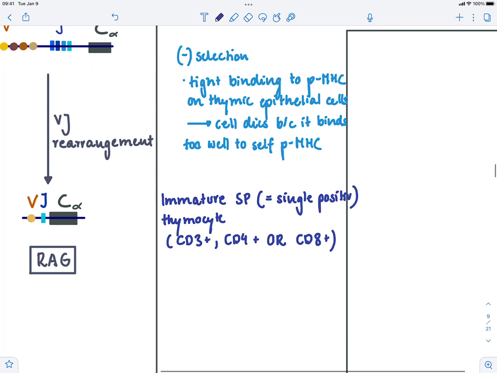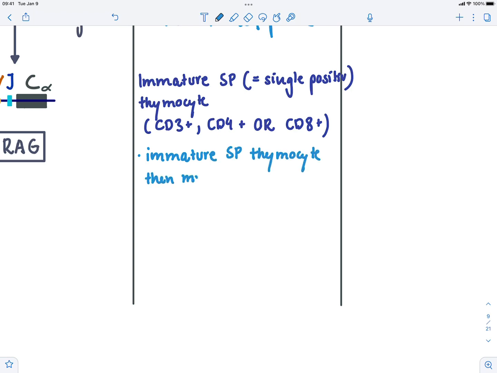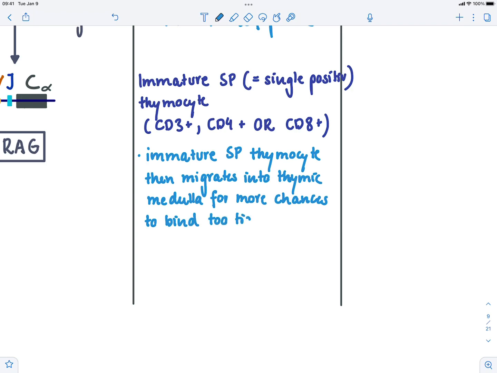On its way, there are always more peptide MHC complexes to bind to, and we're going to test the single positive thymocyte constantly. We want to make sure there is still nothing that you're going to react to. If not, you're good, you survive and become a naive T cell. But if you recognize some stuff on your way and bind too tight, you're still going to die. So it's not a one-time thing. You're always going to be exposed.